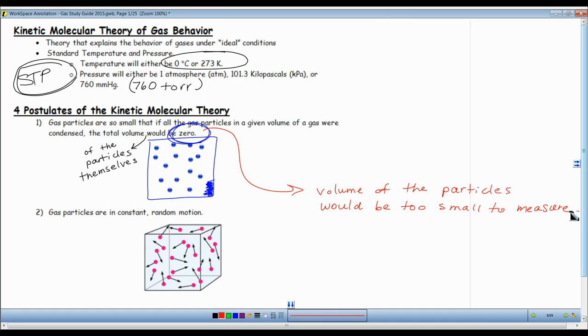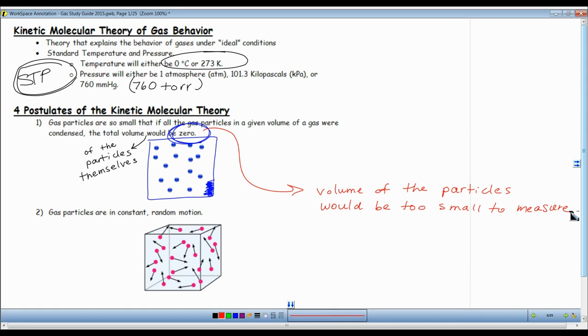So it might appear that there's no particles in this container. Because even though I might condense them from the gas phase to the liquid phase to the solid phase, the gas particles initially were just really far apart, so there weren't that many gas particles in the container to start with. Even if I condense 1,000 or 1,000,000 gas particles, they're that tiny that I might not have measurable volume.